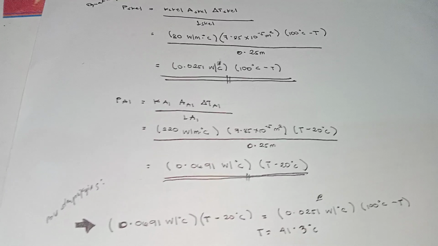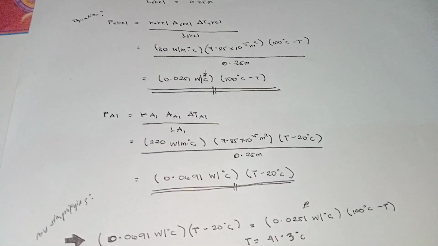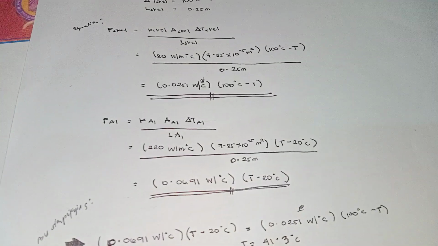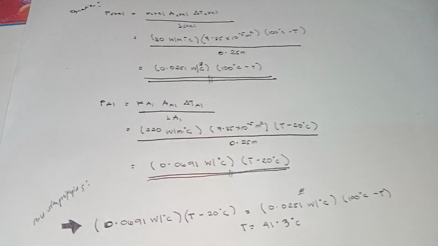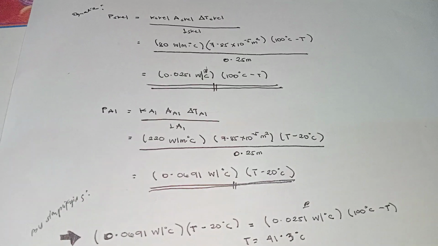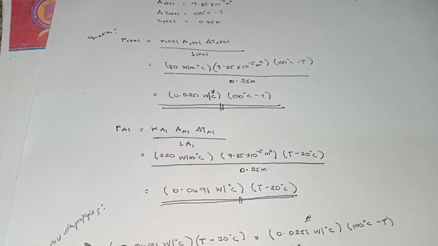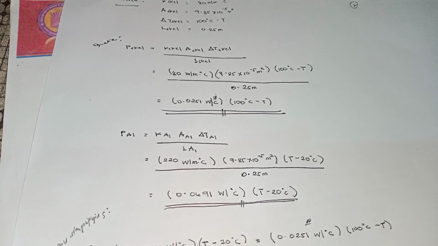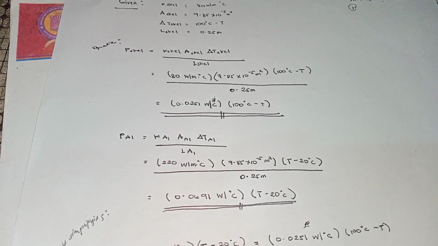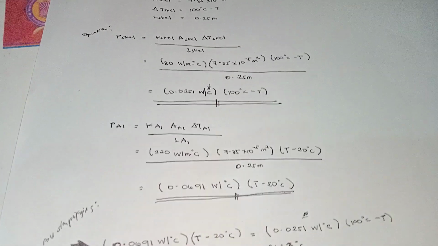And P aluminum, which equals K aluminum times A times delta T aluminum, which equals 220 W per meter degrees Celsius times 7.85 times 10 to the power of negative 5 meter squared times T minus 20 degrees Celsius over 0.25 meters.